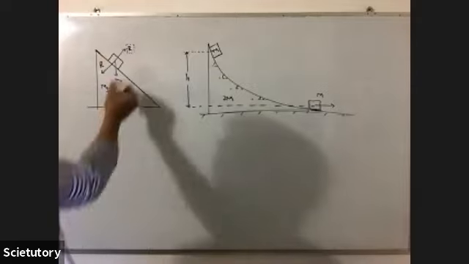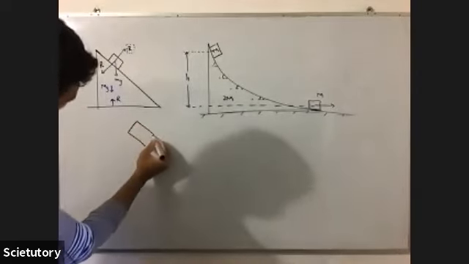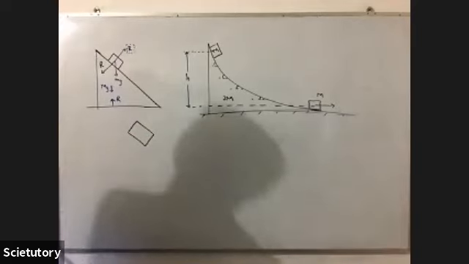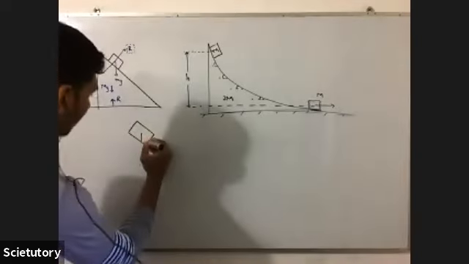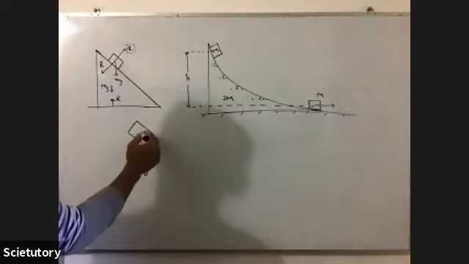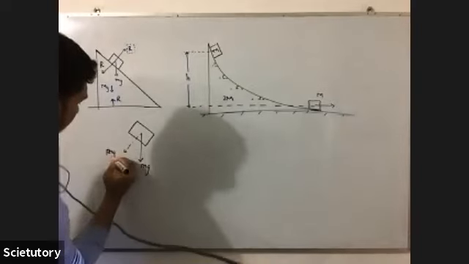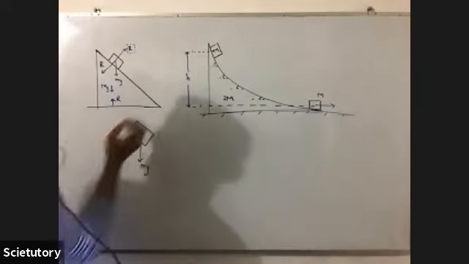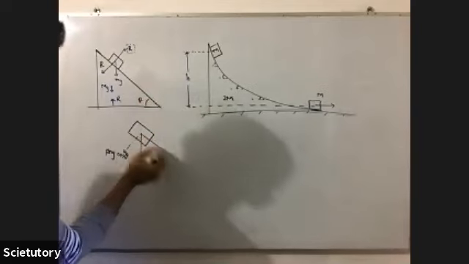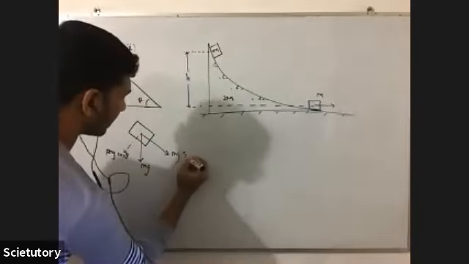So now, if you can draw a free body diagram for this m, small m, the block. There is mg, so it has two components, mg cos theta and mg sin theta.